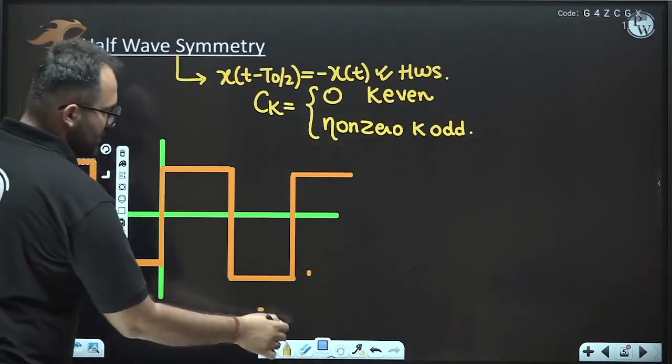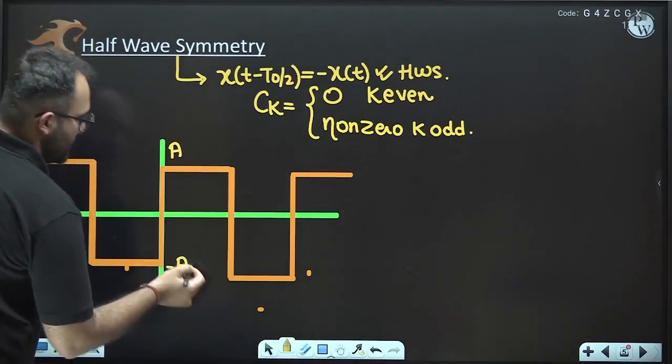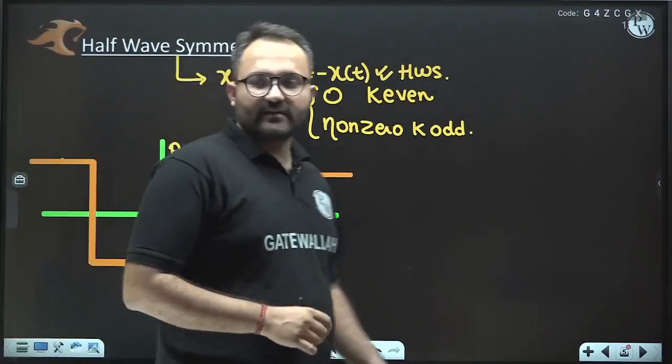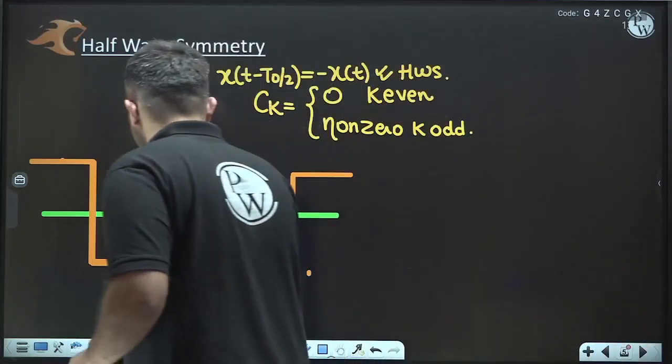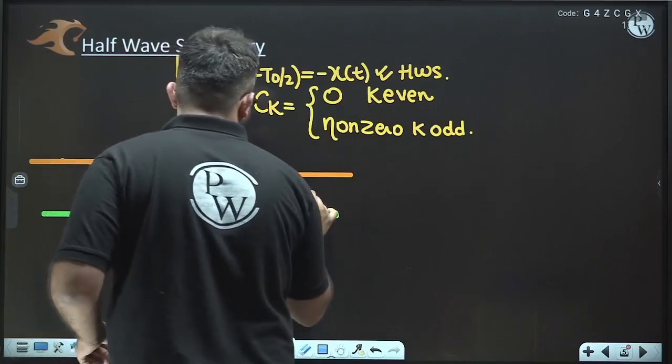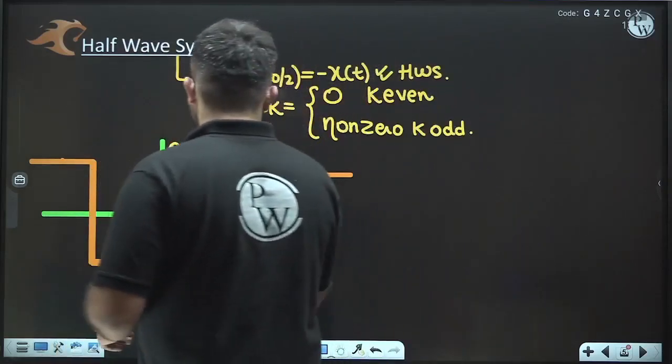Suppose this is the signal, it is A or minus A. Okay, and this is a periodic signal, the rectangular pulse. This is 0, this is capital T and so on. So now we can see that this is half time period T naught by 2.